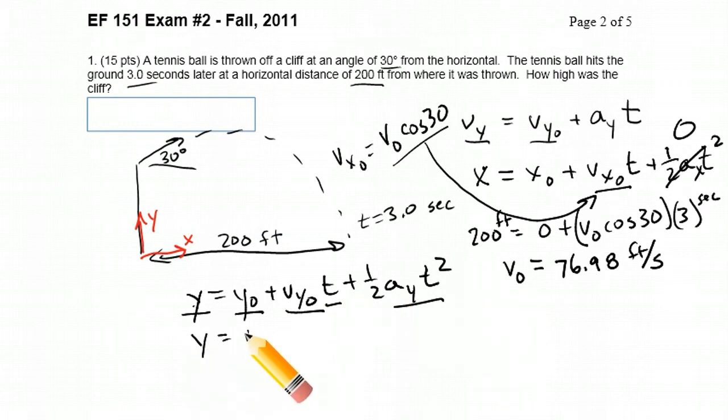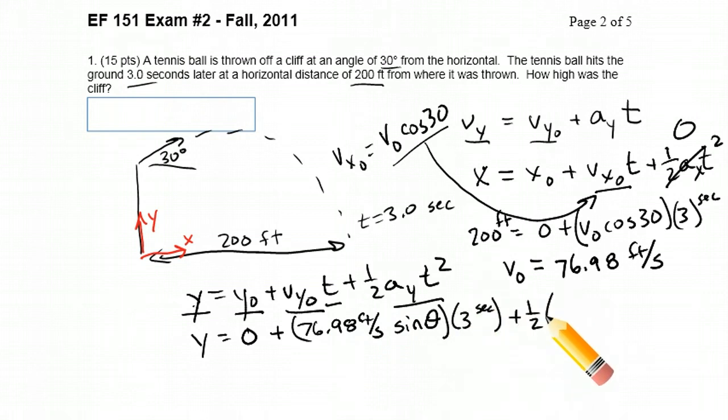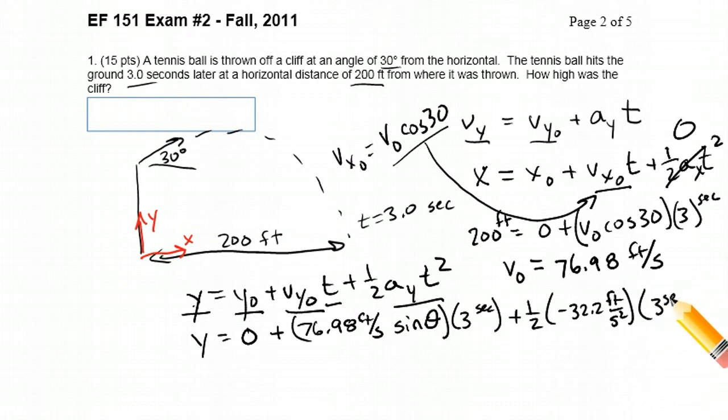So y is going to be 0 plus 76.98 feet per second times the sine of theta times 3 seconds plus 1/2 times minus 32.2 times 3 seconds squared.